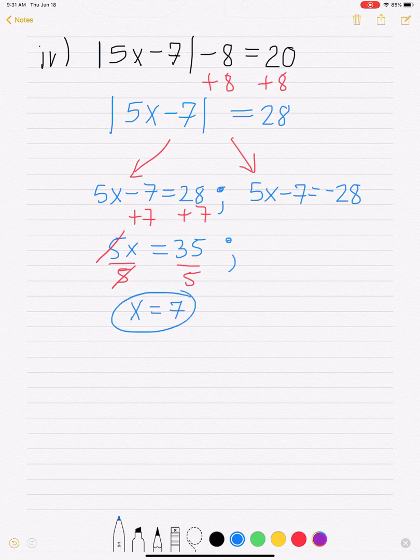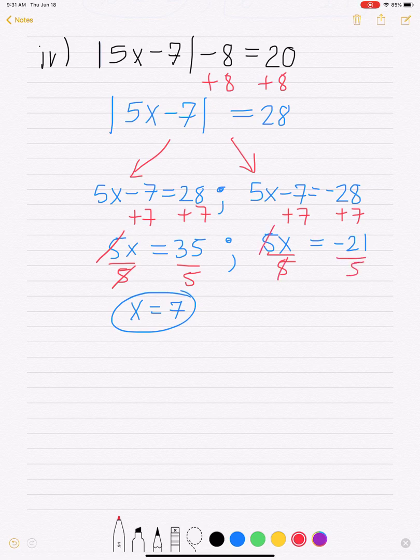In the other equation, we're going to add 7 to both sides. We're going to get 5x on the left side equals negative 28 plus 7 is negative 21. Then to get rid of the 5 in front of the x, we're going to divide both sides by 5, and the 5's cancel.